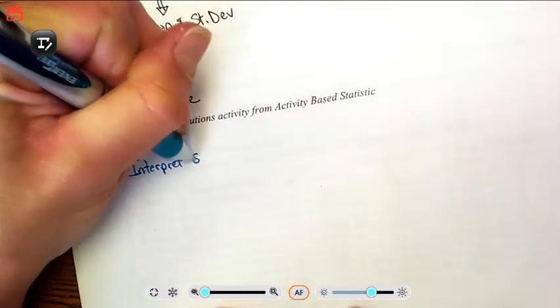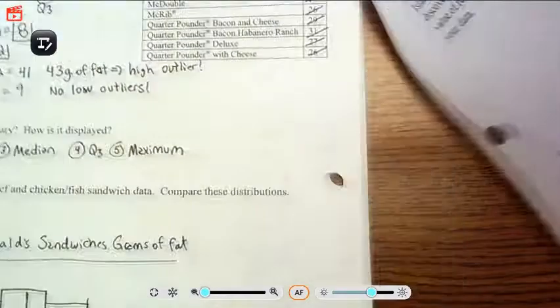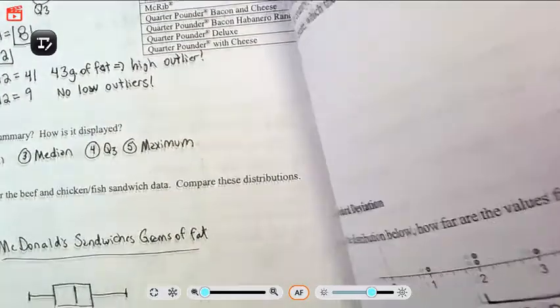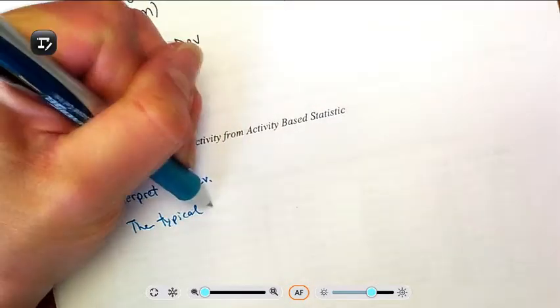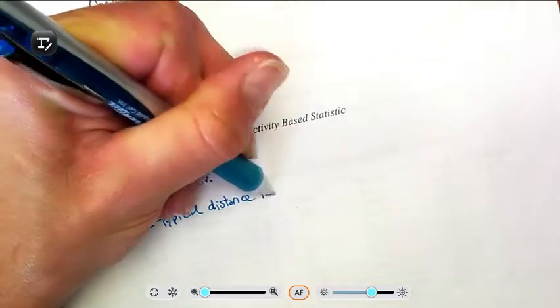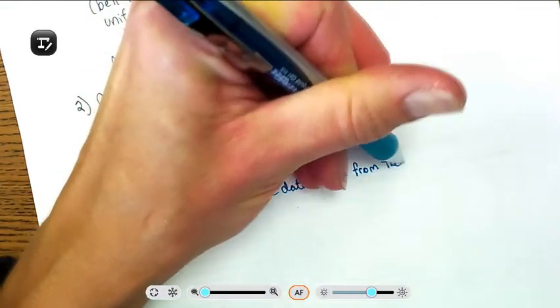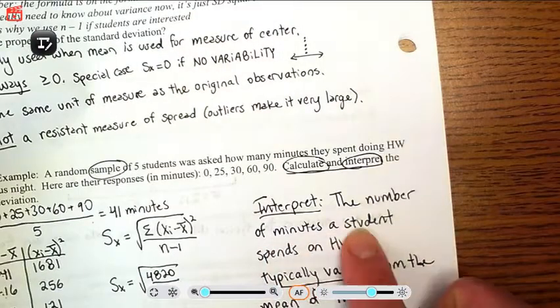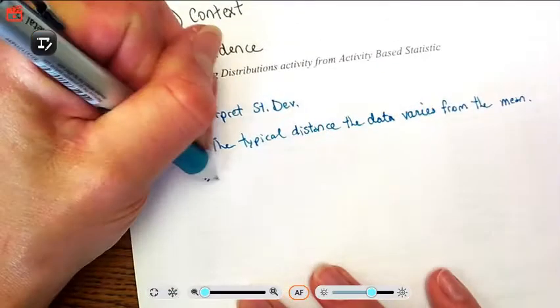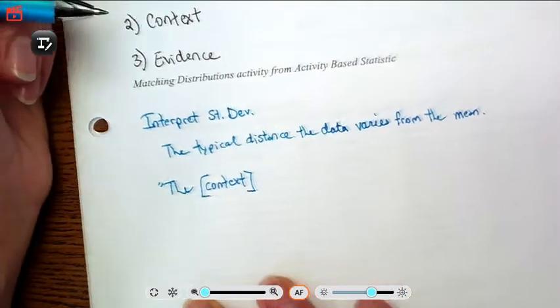So when you interpret standard deviation, I would do it something like this.